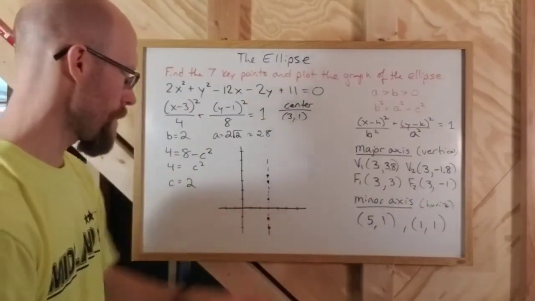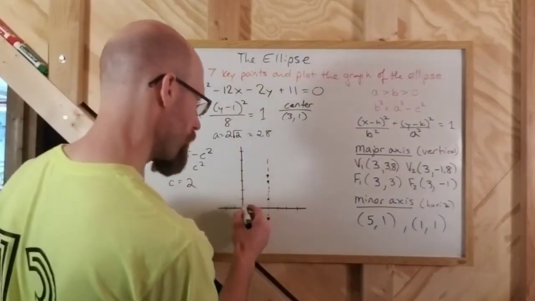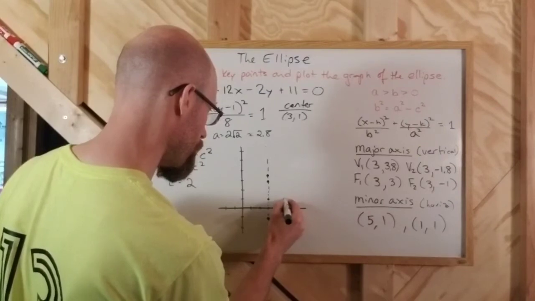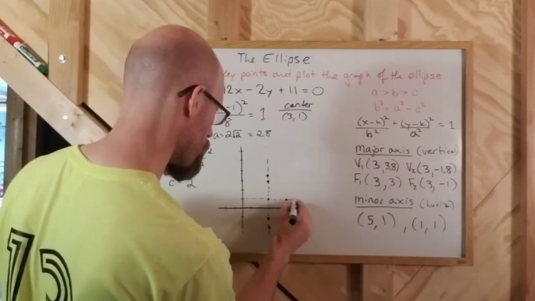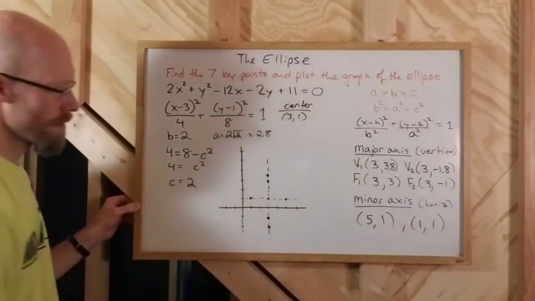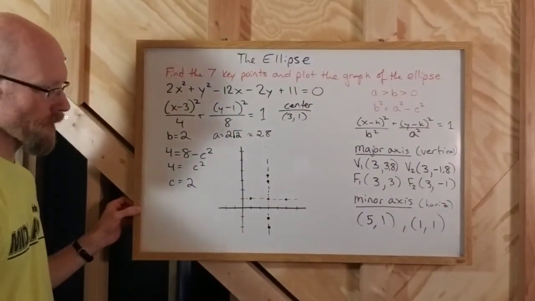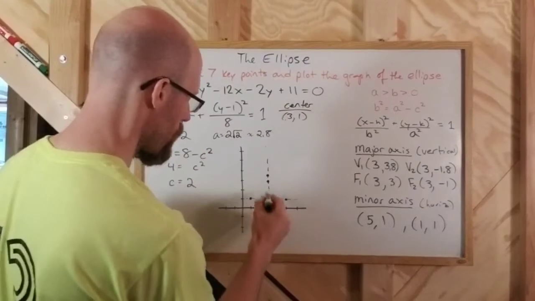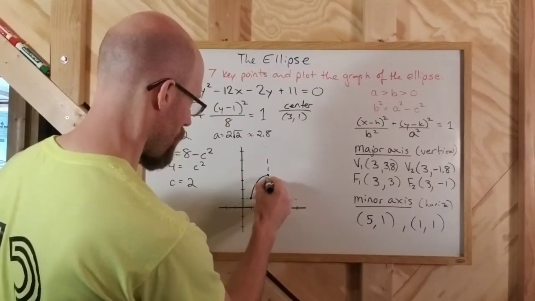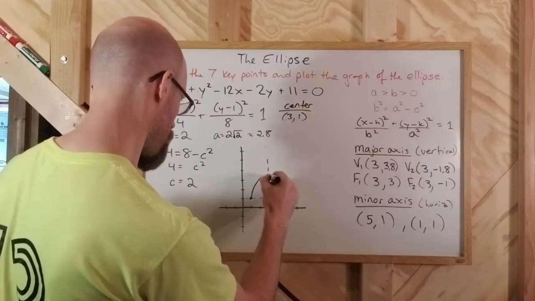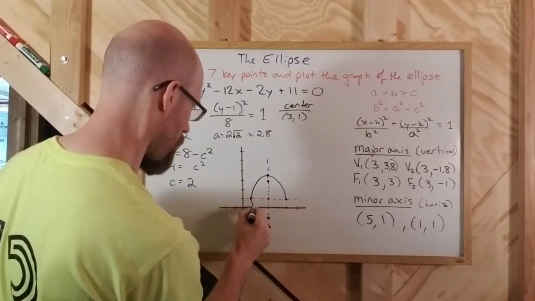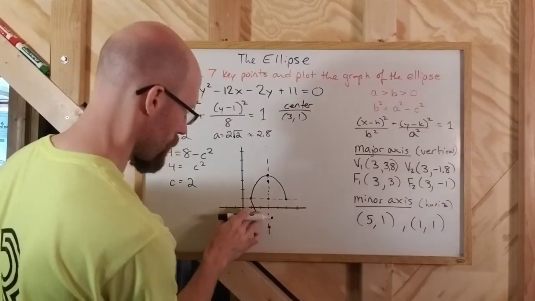Then, let's see, I got my minor axis. That'd be 5 comma 1. 1, 2, 3, 4, 5, comma 1. My minor axis runs this direction. And 1 comma 1. That'd be right here. Alright? And so my ellipse just connects all the outer points. Almost went to the focus there.